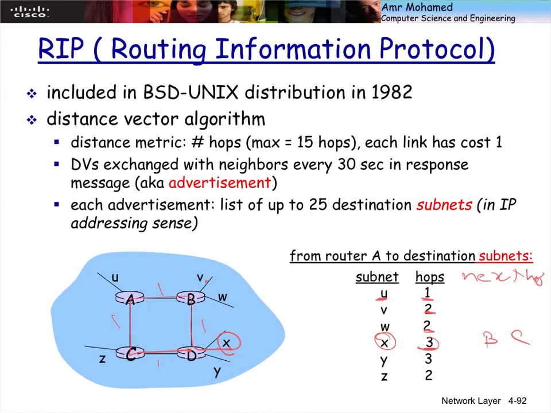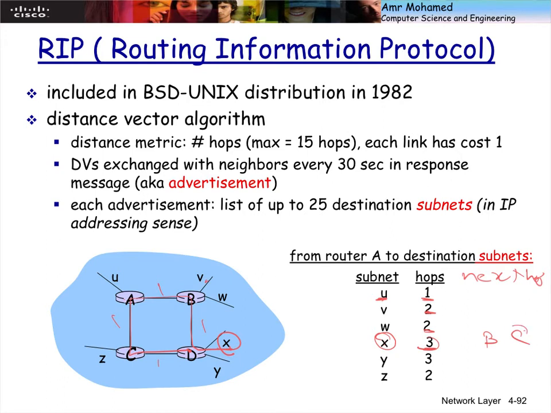By the way, if I have a situation like this, RIP uses just one, because the cost from B or from C is the same. So if the cost for two potential paths is the same, RIP uses only one of them.